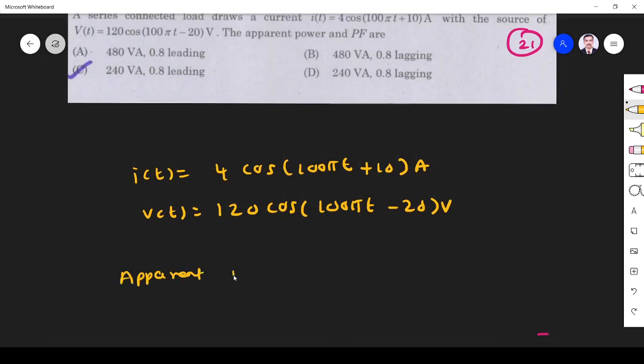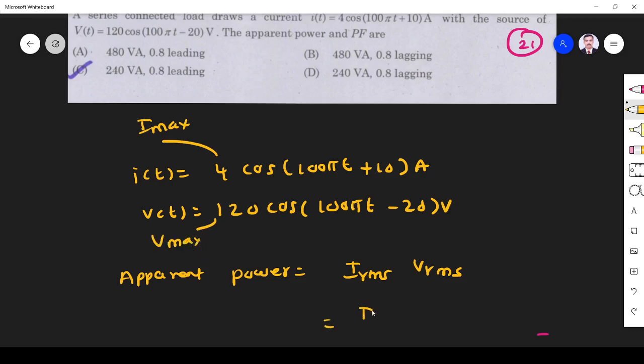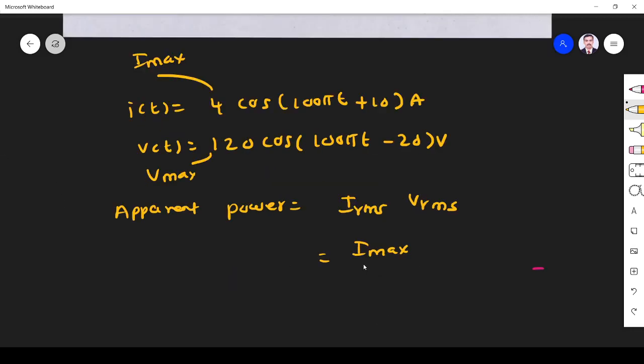Apparent power is equal to I RMS times V RMS. This is I max, the maximum value, and this is V max. So I RMS equals I max by root 2, and V RMS is V max by root 2.